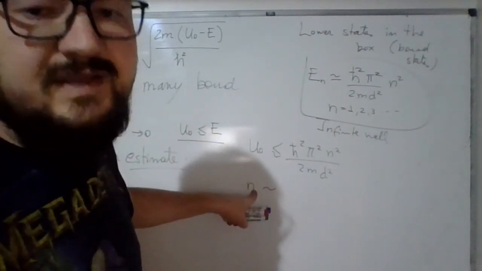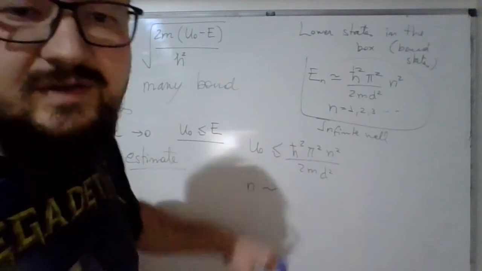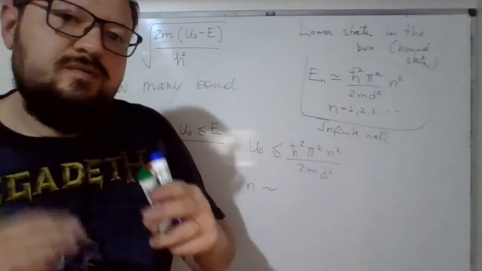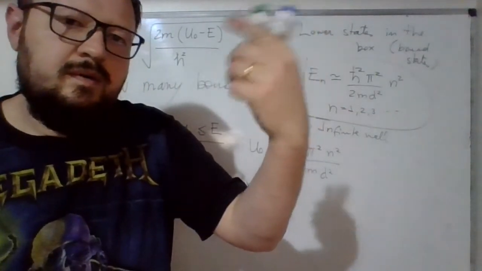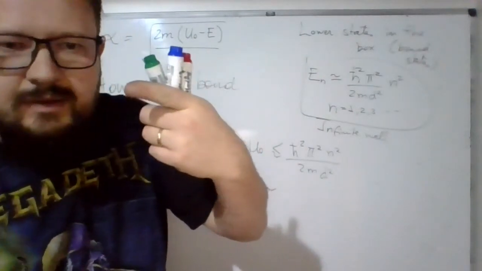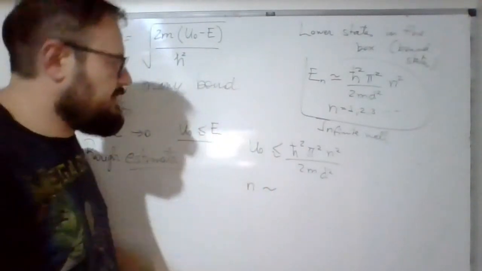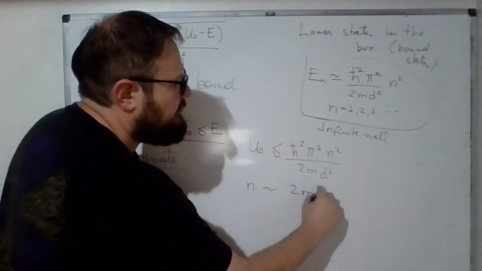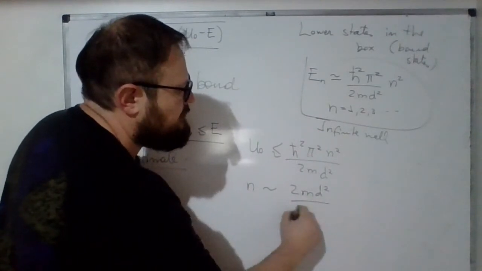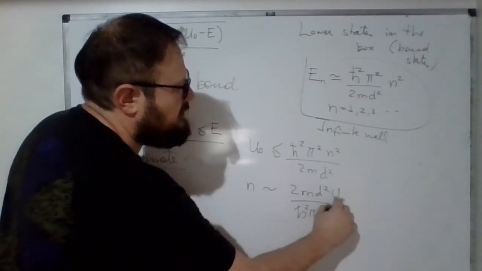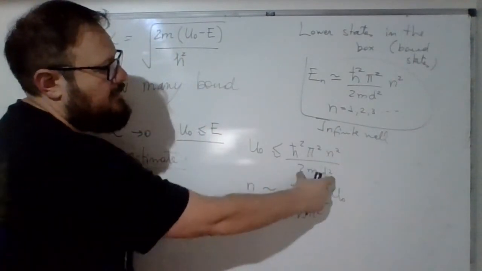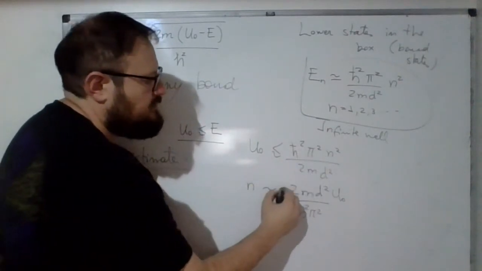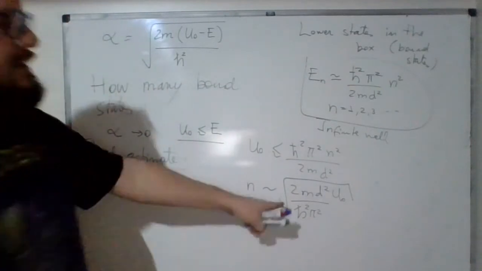It's an integer value, but if you calculate this way, you'll find a real number, and you can round it. You need to multiply by U naught, so this factor divides, and you will find n squared: twice m U naught d squared divided by h bar squared pi squared. You need to take the square root of this value here.